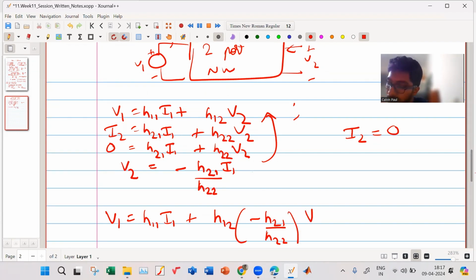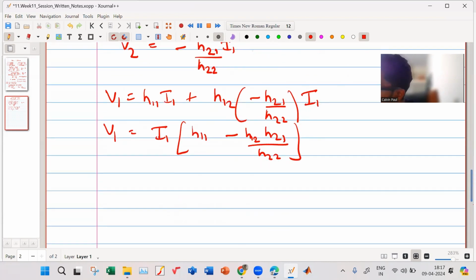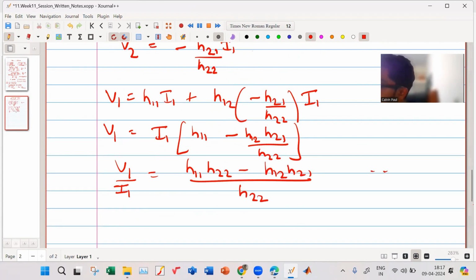So effectively V1 is equal to I1 into H11 minus H12 into H21 upon H22. So I get my V1 upon I1 is equal to H11 into H22 minus H12 into H21 upon H22. This is my equation A. Okay.